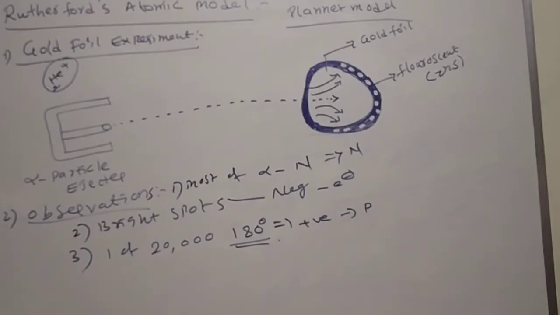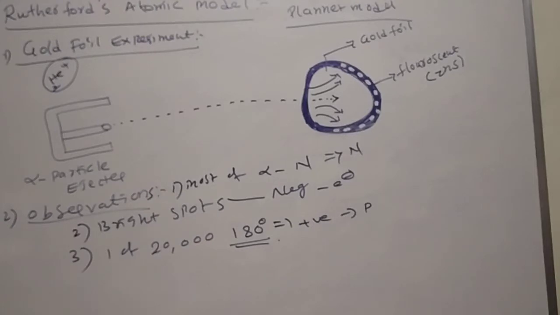Rutherford concluded: most of the alpha particles remain constant at the gold foil only. Those are simply considered as neutrons. Some of the alpha particles deflected from their own way, that means from a straight line. Those have negative charge.